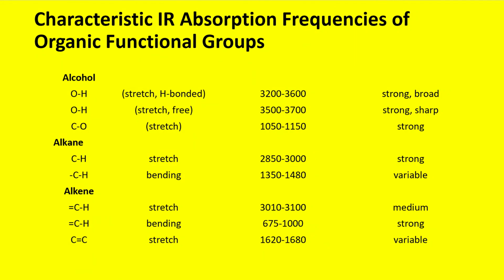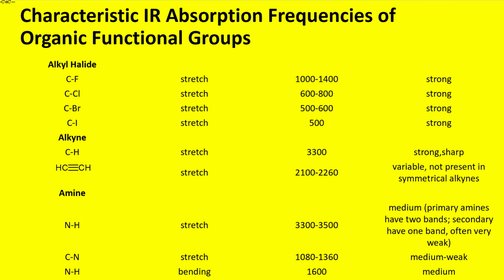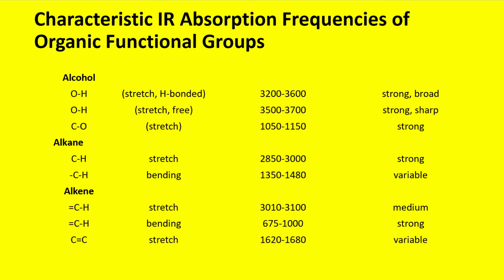You will see the wave numbers, and you will see whether or not it's a strong, medium, or variable peak, right? So this is not something that you have to try to remember.